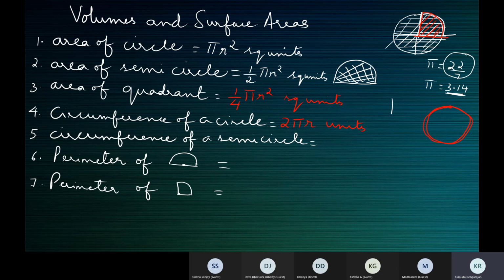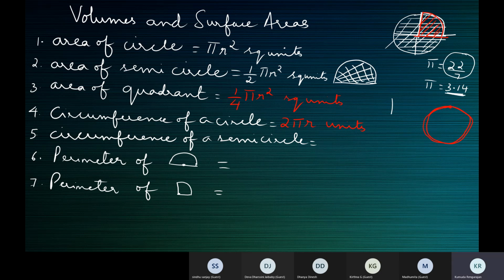Area is expressed in square units. Any length is simply expressed in units, say centimeter or meter, whatever the unit is. So 2 pi r units: 2 into 22/7 into the value of the radius. That amounts to the circumference of a circle.